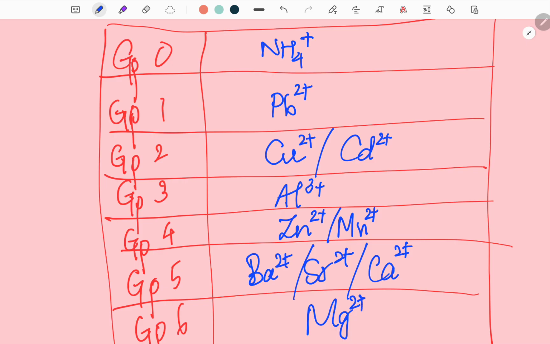Now I want to tell you again, just like how I mentioned in the anions video, there are many other cations like arsenic and so on, which I am not going to discuss because in my school we did not actually learn any other cation. These were the ions that we had to learn. But I am aware that the NCERT has mentioned many other cations in the syllabus.